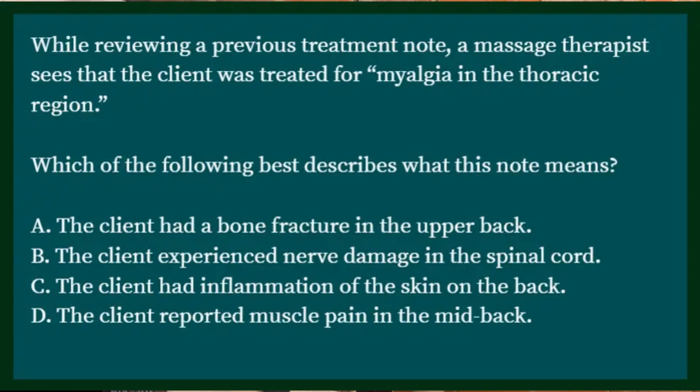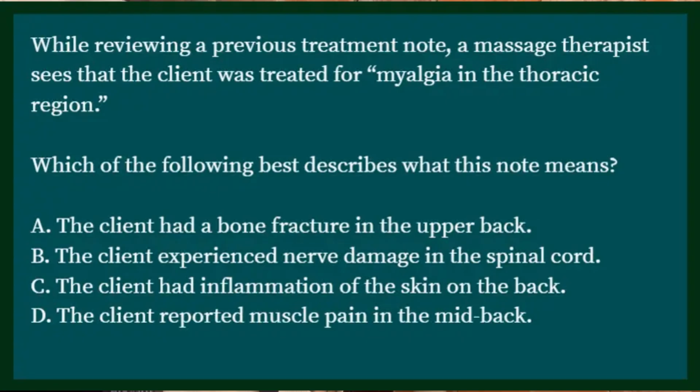A, the client had a bone fracture in the upper back. Upper back, check. Bone fracture, that would be osteo something, right? No, that wouldn't work. B, the client experienced nerve damage in the spinal cord. Okay, so thoracic region is pointed out, but it isn't using any of the terminology referring to the spinal cord.